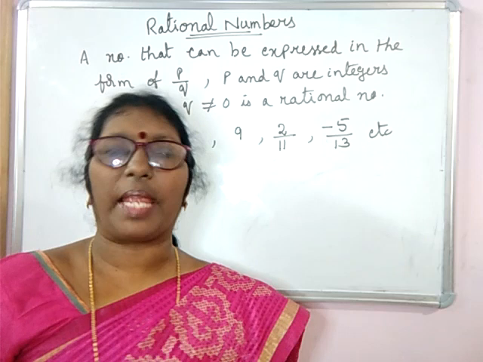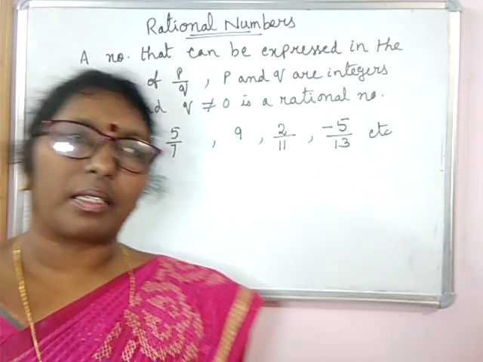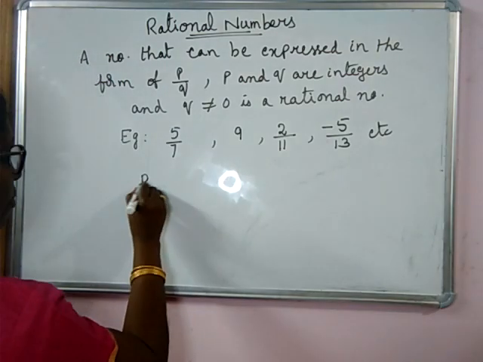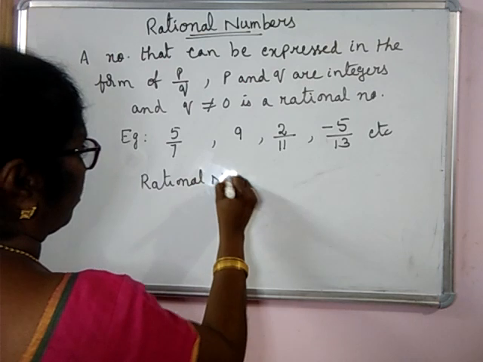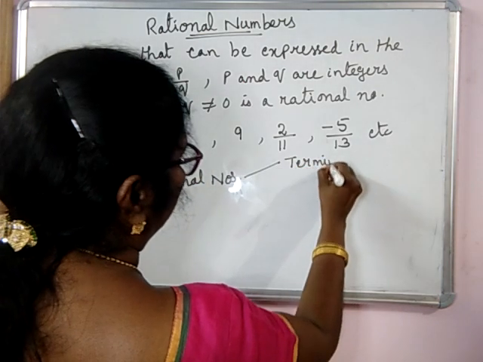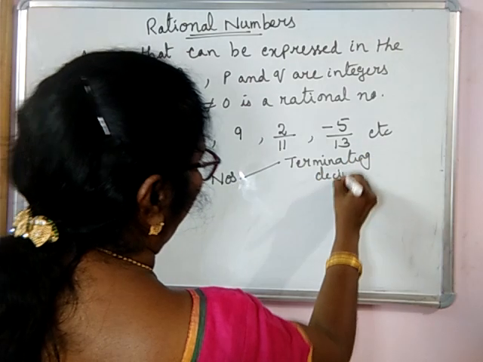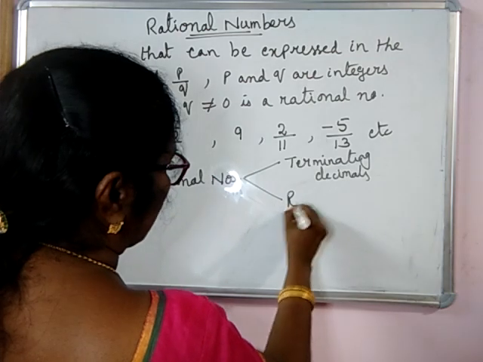Rational numbers can be expressed by either terminating or recurring decimals.